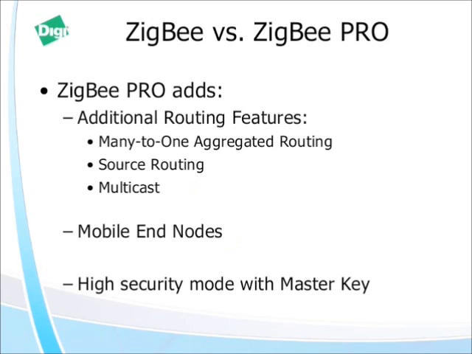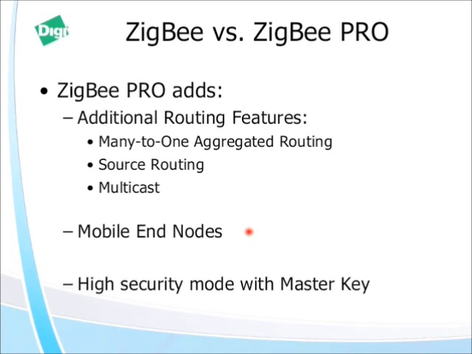Mobile end nodes allows for different low-power nodes to more easily change their parent router. As I mentioned before, an end device actually consumes a resource. Some people refer to that resource as a mailbox on its parent router, the router that it's assigned to.